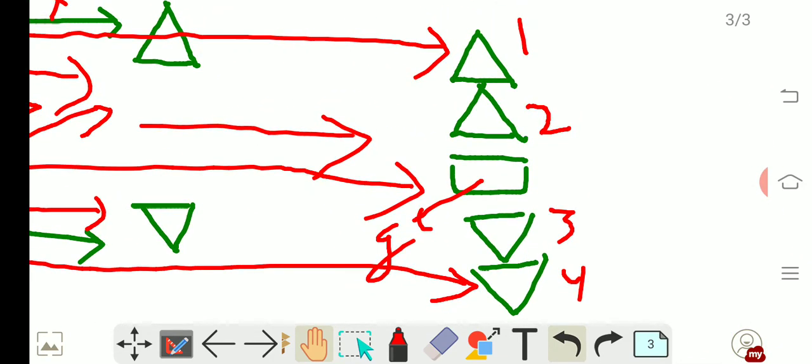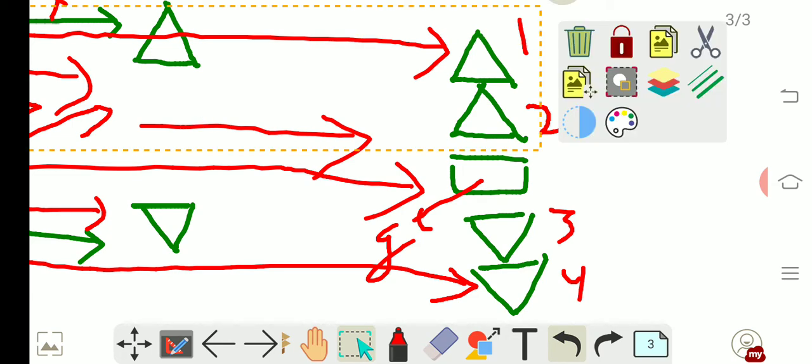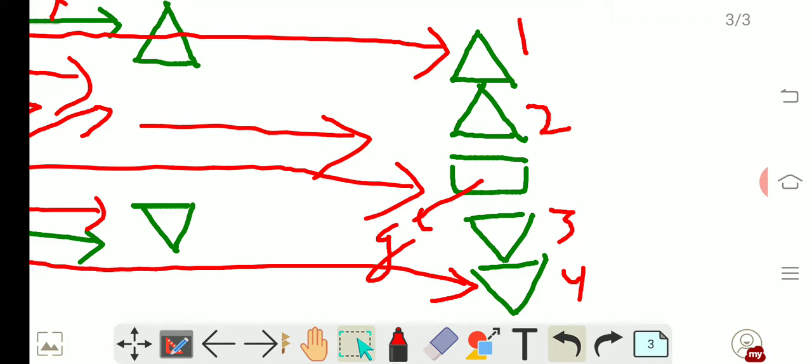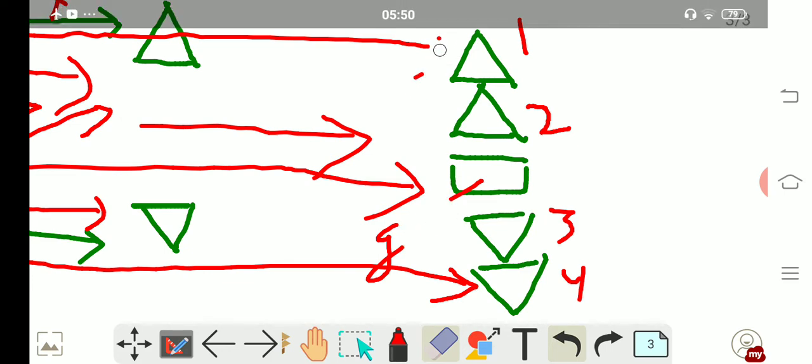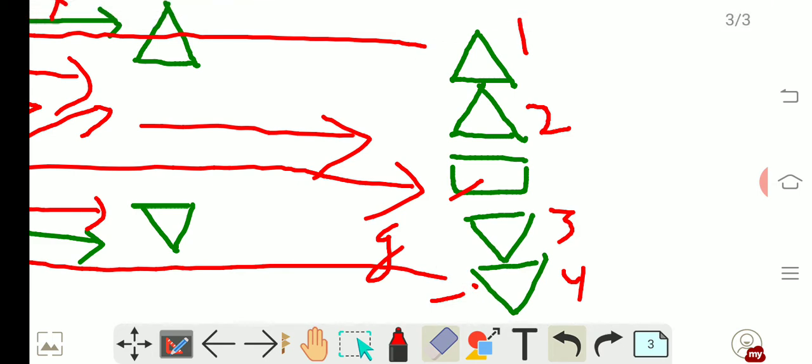Now let's try to understand this. Let's erase this one. What I am going to show you is how the light behaves after it strikes this convex lens.